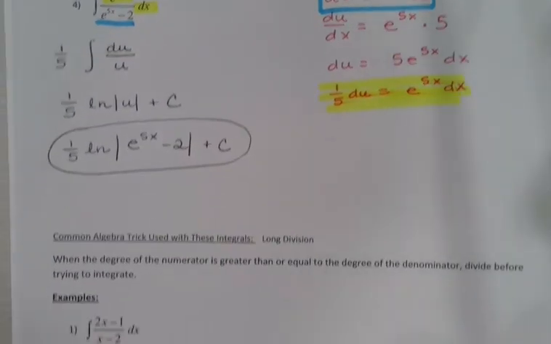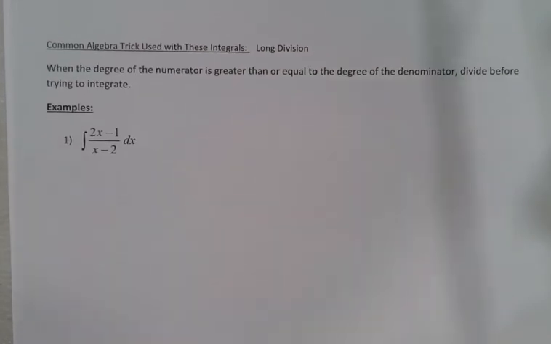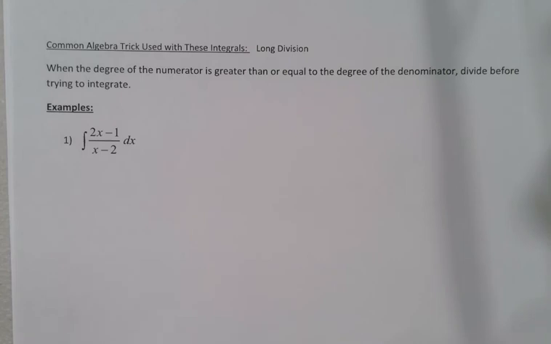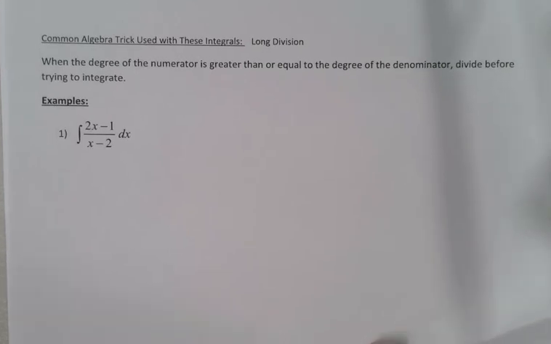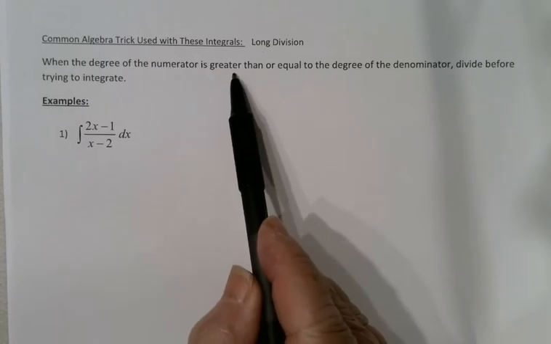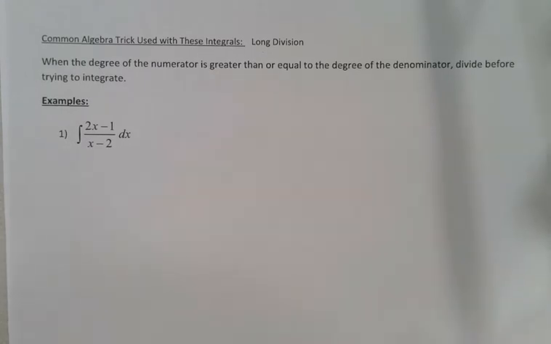All right, there's actually a common algebra trick that gets used quite a bit with these integrals, and we'll look at our last couple of examples in this area. The trick is to use long division. When the degree of the numerator of an algebraic fraction is greater than or equal to the degree of the denominator, try doing long division before you try to integrate.